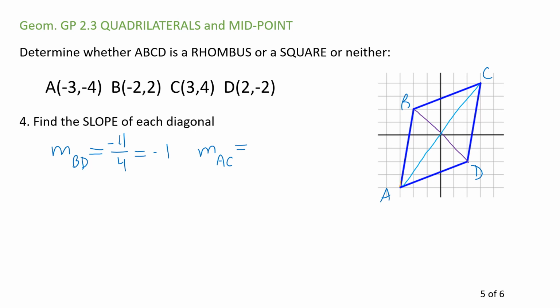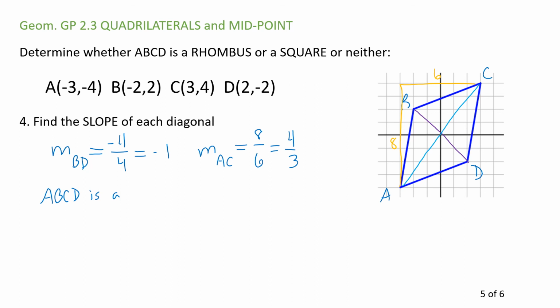AC is a little, so I'm going to go up and over. I believe this is 8 and this is 6. So that slope is a +8. They are not perpendicular.